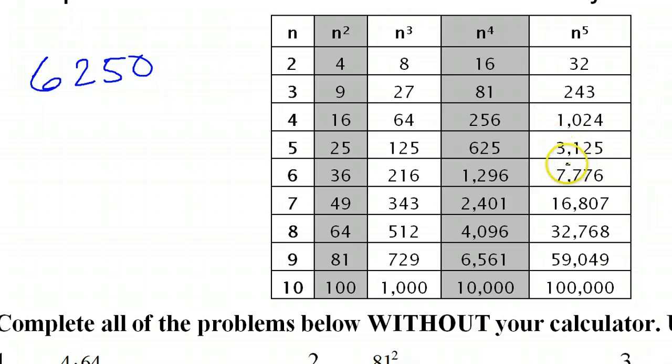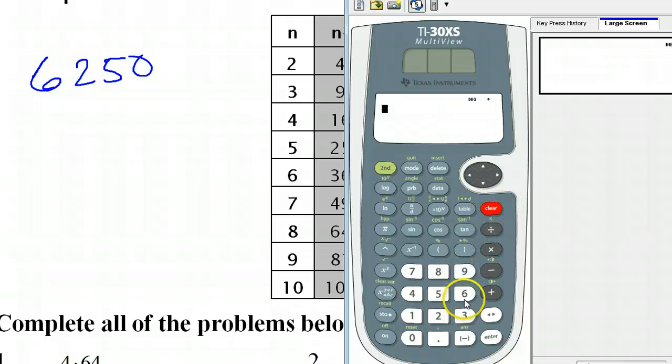Okay, 6,250. So let's start with this number, all right? It's the first number that even has a chance. Oh, look!